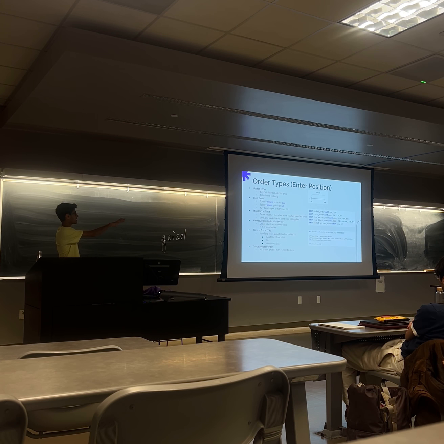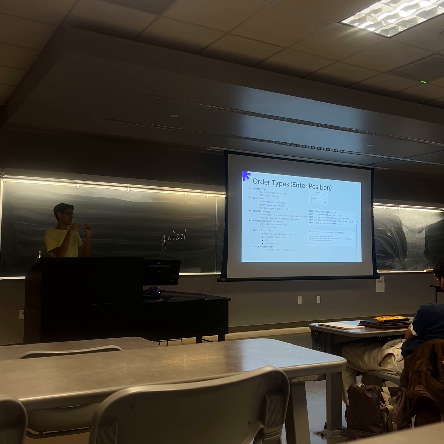When it comes to order types, this is about entering a position. The way markets work is you place an order to enter a position, and then you have to perform the opposite order to liquidate or exit that position. Anytime you're between an entered position and the exit position, you are susceptible to unrealized profit or loss because you haven't closed out your position.